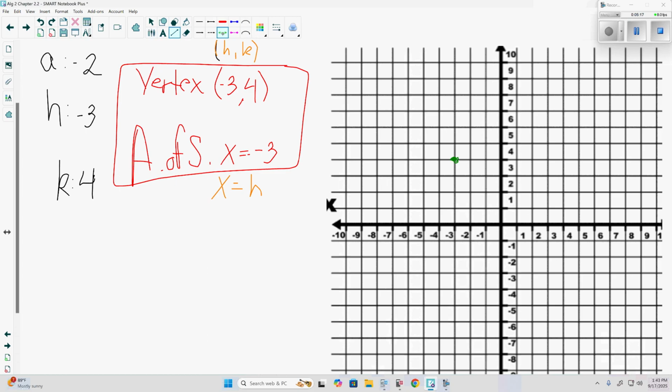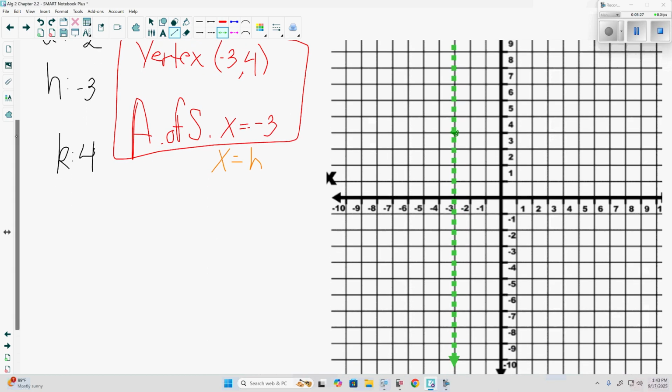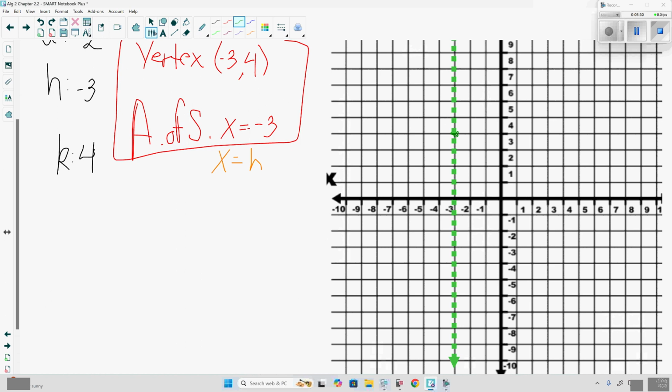X equals -3 is the vertical line of this right here. Now, to fully graph a parabola, we need 5 points. We need 5 points.